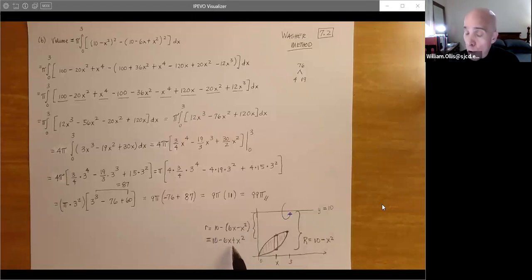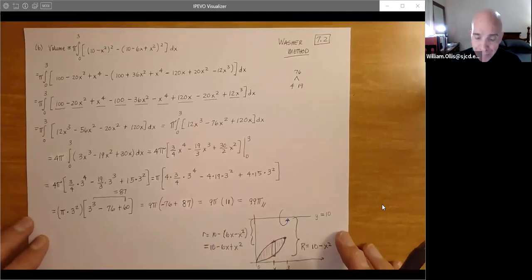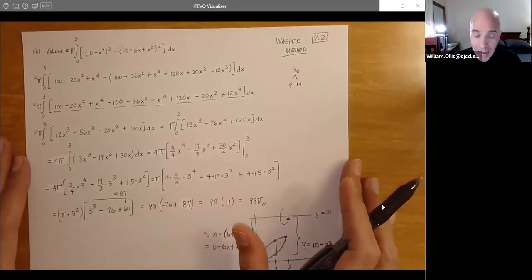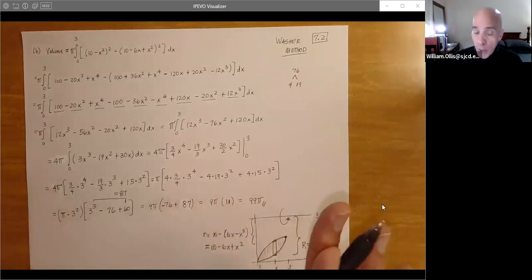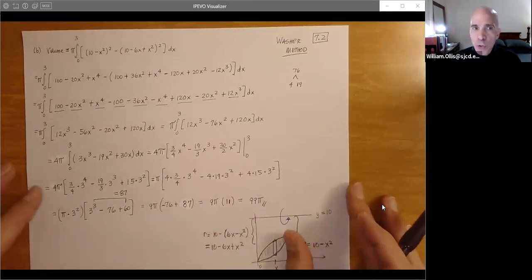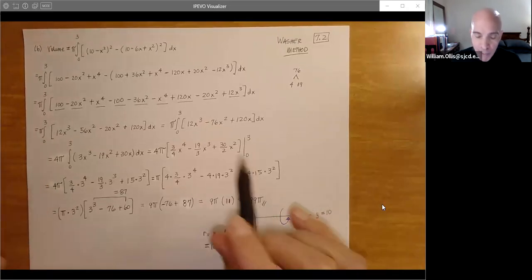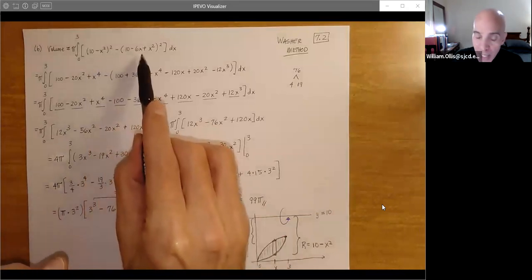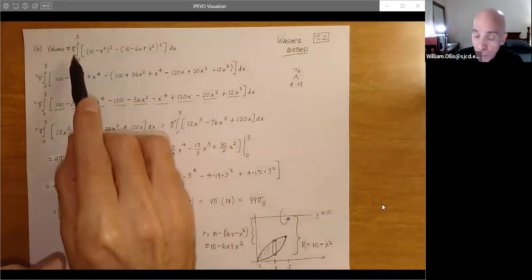I mentioned in the message that I sent that it was fairly straightforward from here on out, and if you look in my lecture notes, you'll see a problem similar to this. You have the outer radius squared minus the inner radius squared, multiplied by pi.